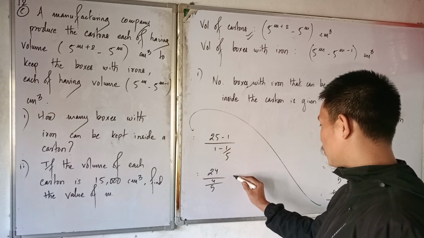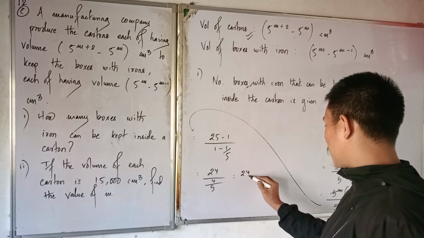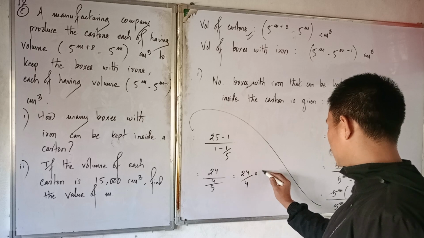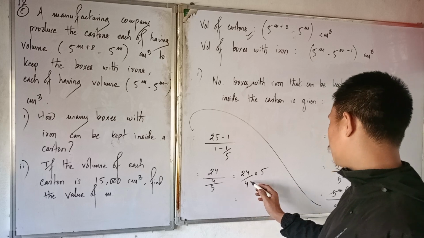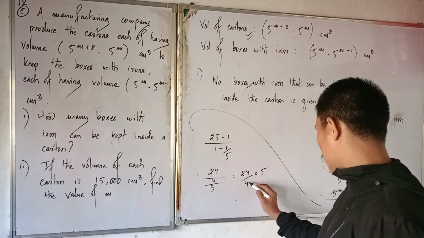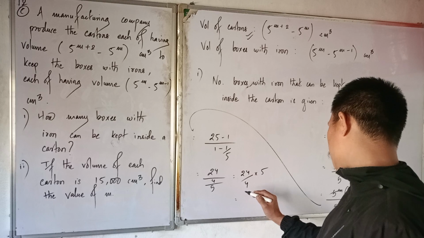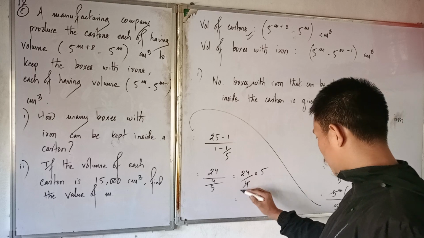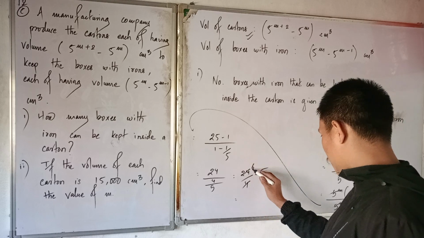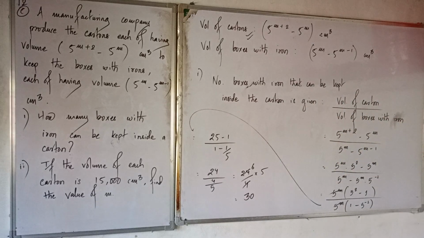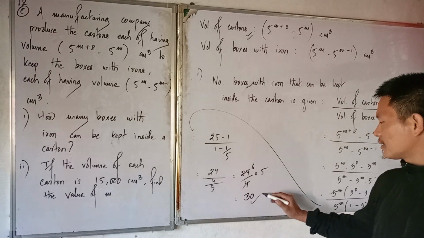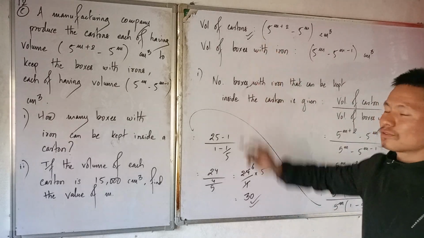So on taking the reciprocal, 24 by 4 into 5, 5 will be in the numerator. So 4 how many times 24? 4 times 6 are 24, 6 fives are 30. So 30 boxes with iron can be kept inside this carton.